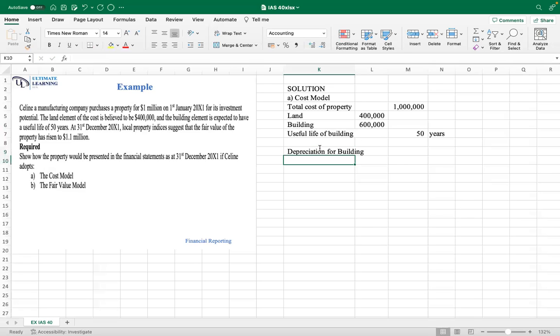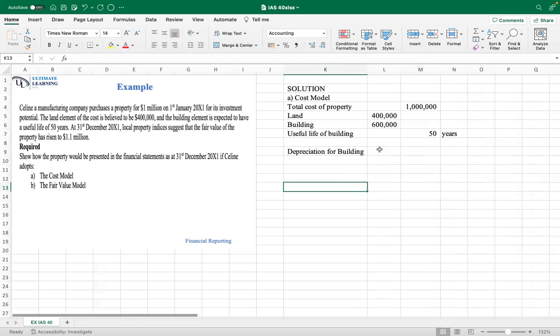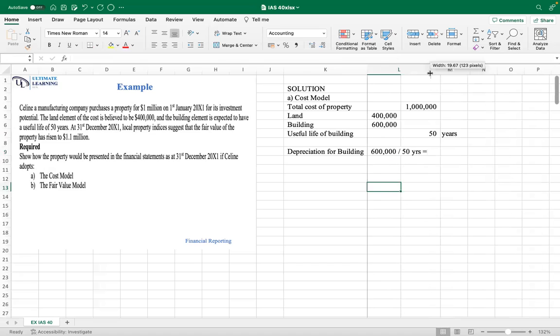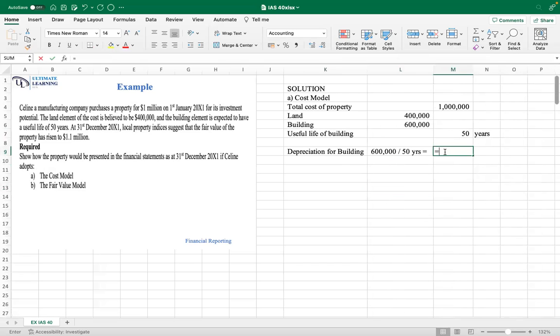So what is the depreciation for building? We are assuming the straight line method is used. So depreciation for building will be 600,000, which is the cost of the building, divided by 50 years. So it will give us a value of 12,000 depreciation per annum, per year.